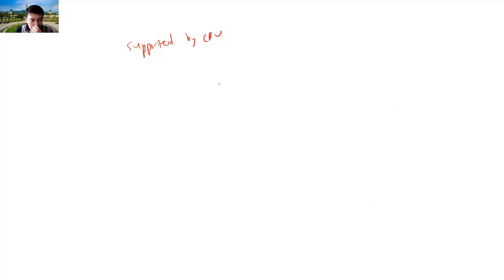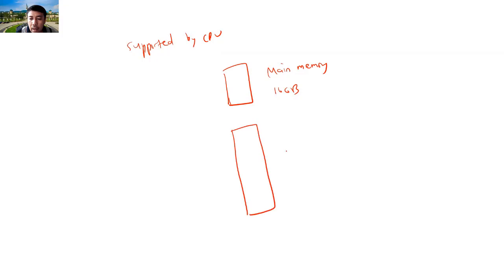So you allocate this one. This is the main memory, let's say you have 16 GB, and then you have here the hard drive, let's say 1 terabyte. You can allocate part of your hard drive as memory. So this is 16 GB, but this one will be your virtual memory.